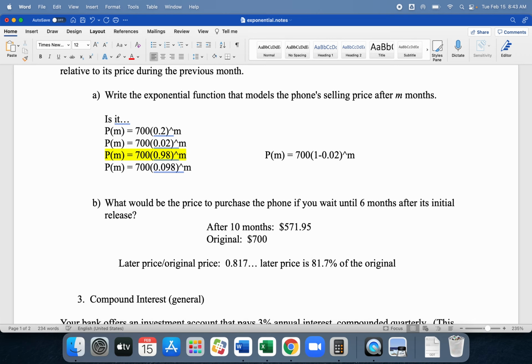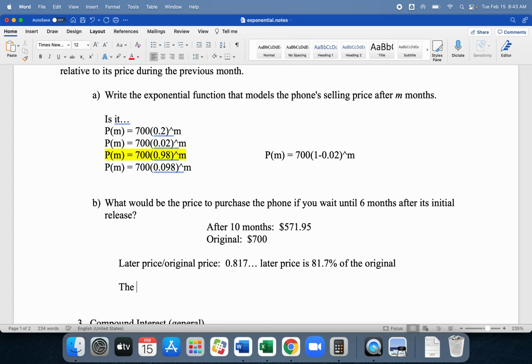So, oops, sorry. So there's two ways to kind of say that. But that's just by doing 100 minus 81.7, which is, what did I say, 18.3%.